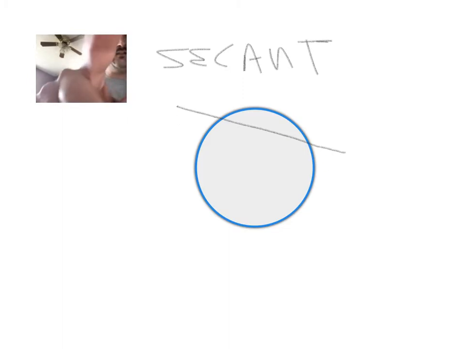We could put arrows on each side, because that's probably what the math geeks of the world would want. The secant is a line, you see by the arrows, going through, touching the circle in two points. But it's not going through the center. So it's basically just a chord extended. Okay, that's a secant.